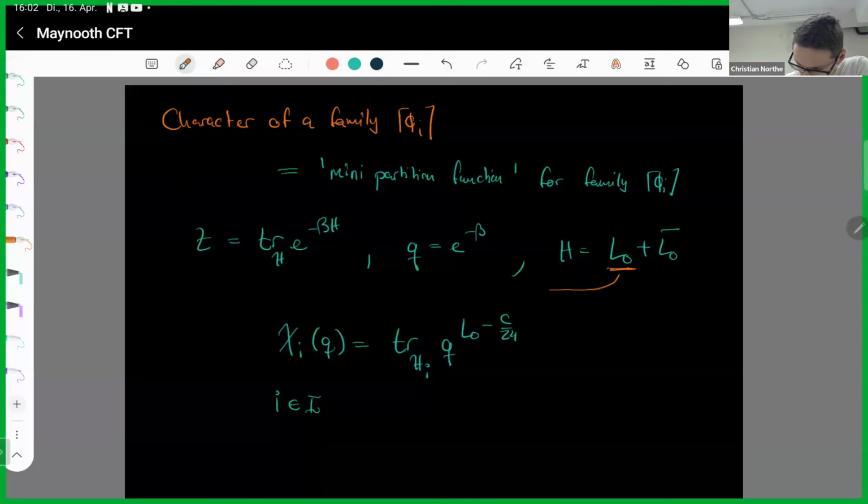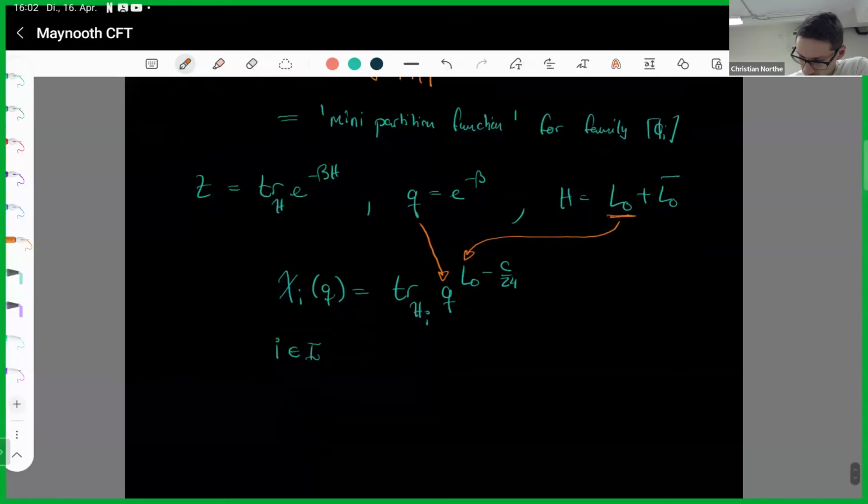The holomorphic part of the Hamiltonian is just this L0. This here is just the temperature, e to the minus inverse temperature. And this piece here is going to guarantee nice properties under so-called modular transformations, but we won't discuss that today. So for now, let's just think of it as ad hoc and a convention.